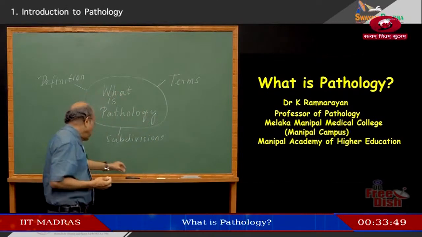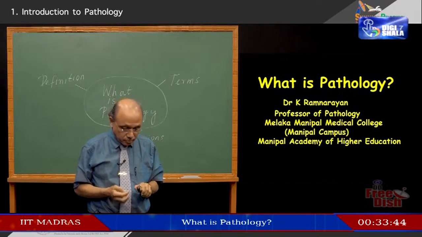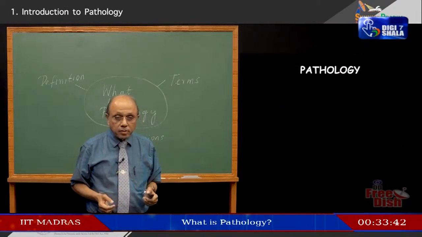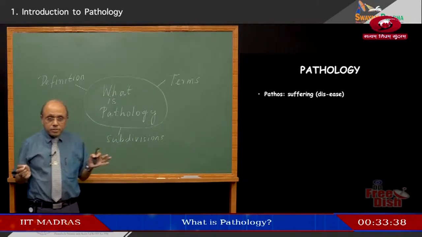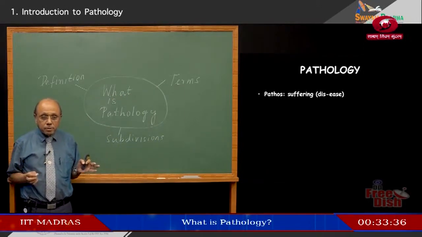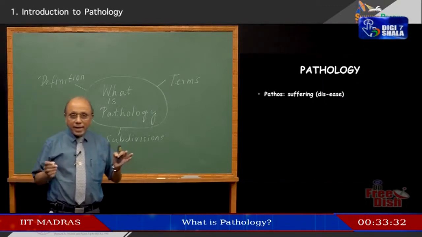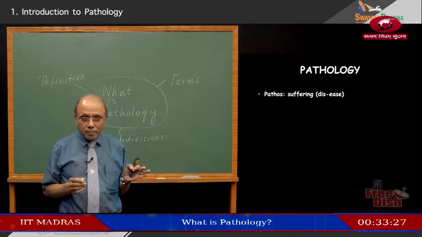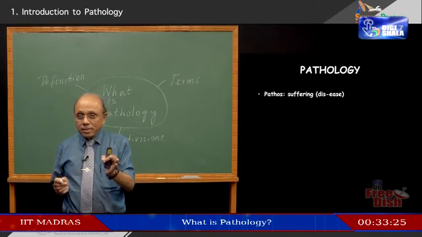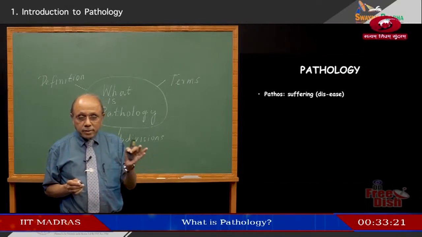Let us start off with the first, that is the definition. What do we understand by the word pathology? Pathology comes from pathos, that is suffering. When one is not at ease, he or she has a disease, and the study of disease is pathology.